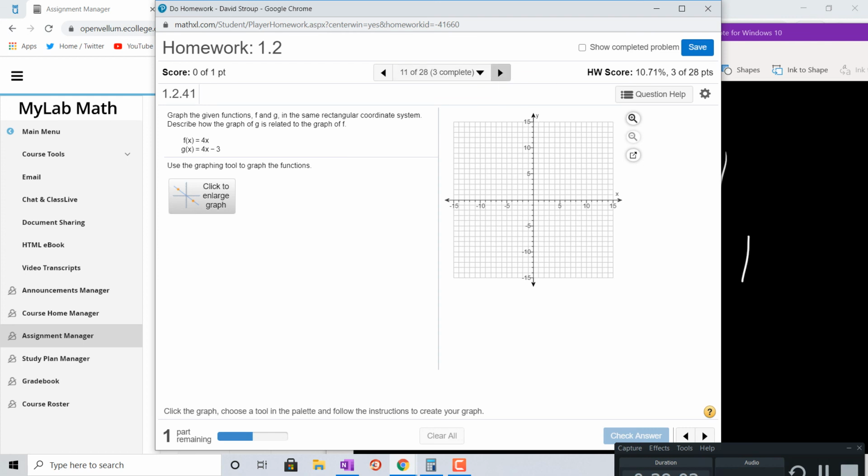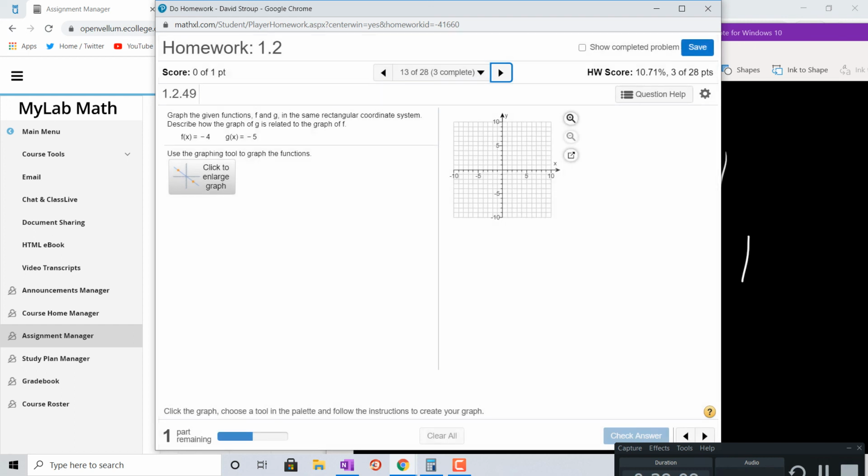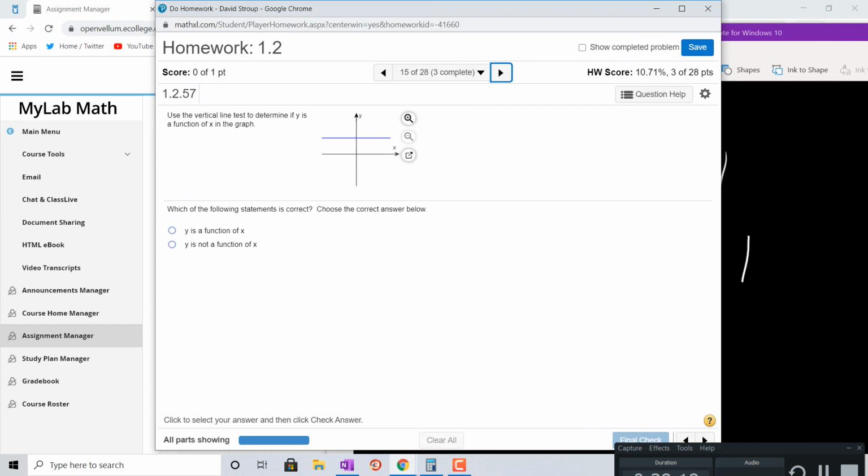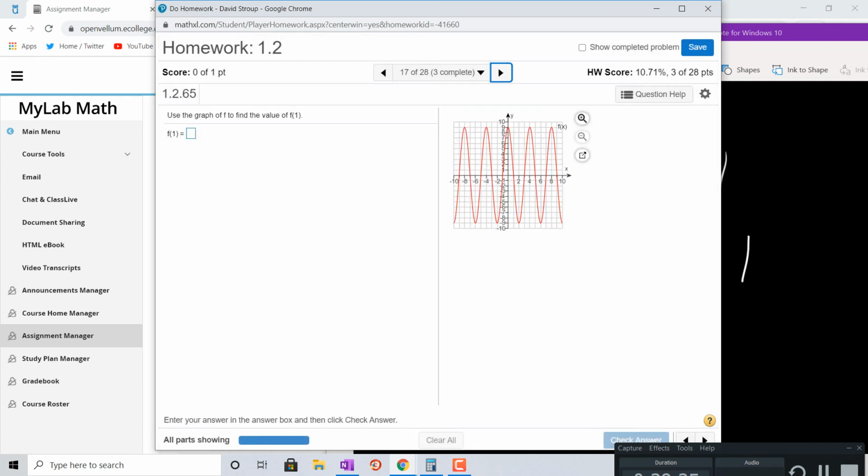Graphing functions, graphing horizontal lines, graphing, evaluating functions, vertical line test. You're going to have to zoom in to get that answer.